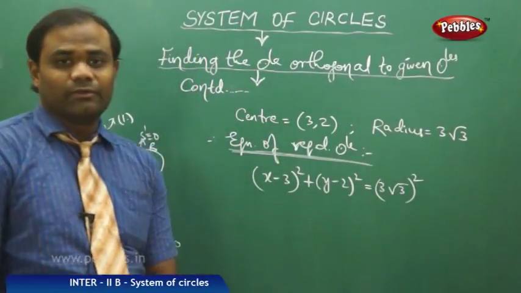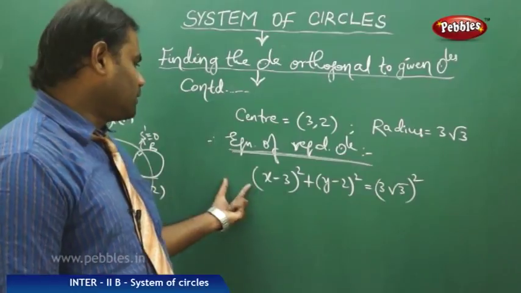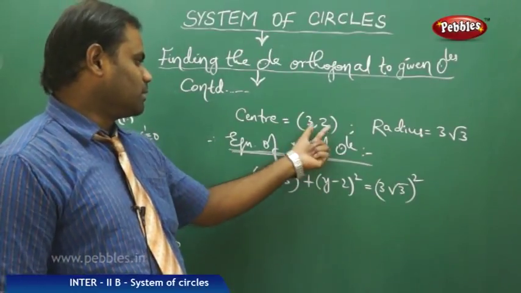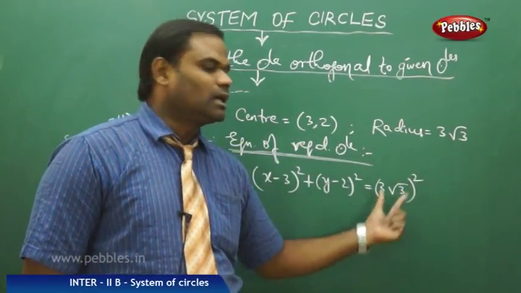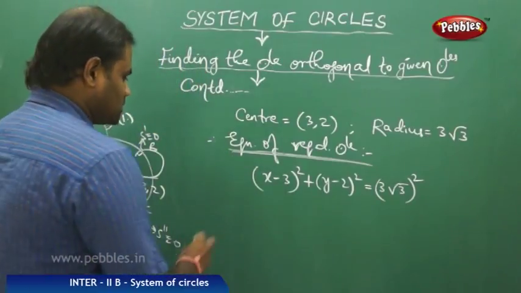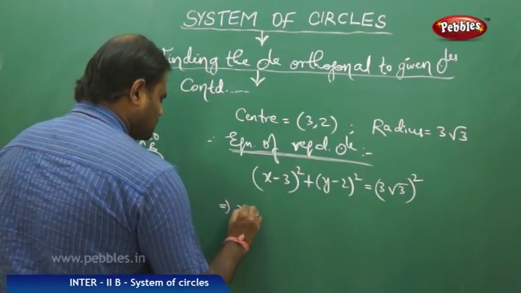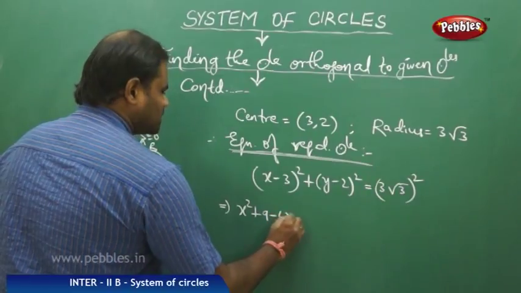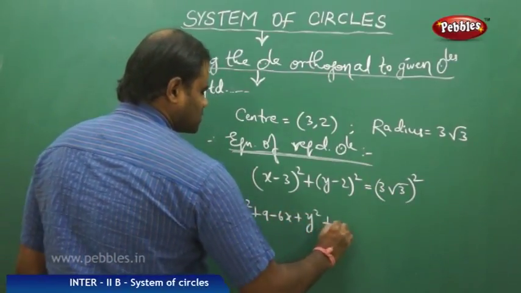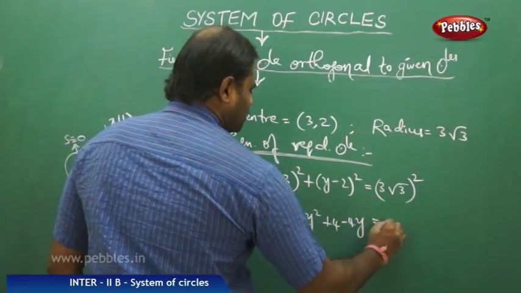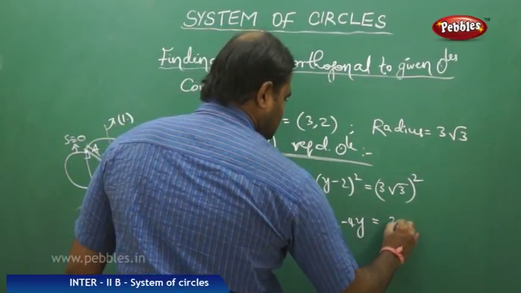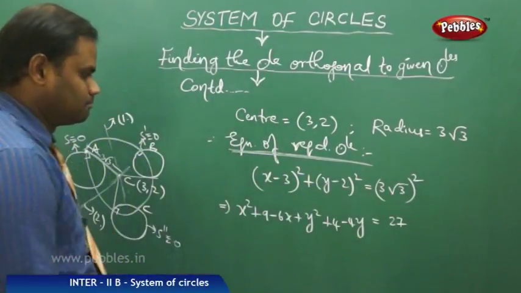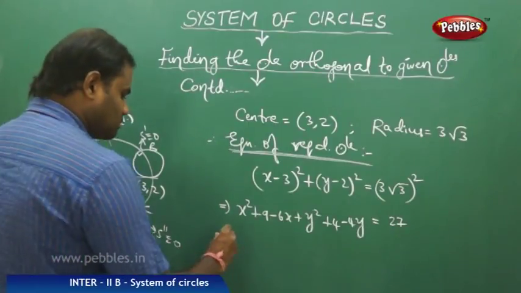Now this is the formula: when center and radius are given, we have x minus a whole square plus y minus b whole square equal to r square, which on simplification gives x squared plus 9 minus 6x plus y squared plus 4 minus 4y equals 27.